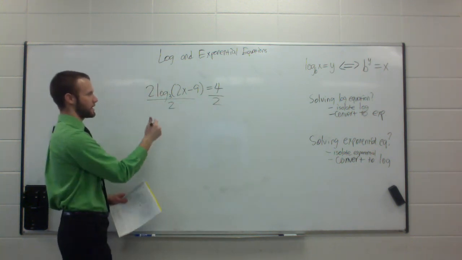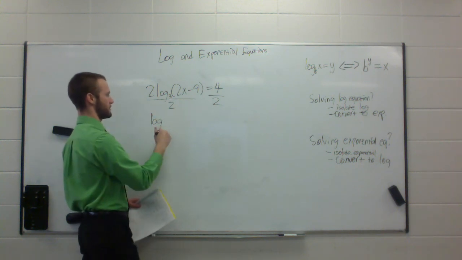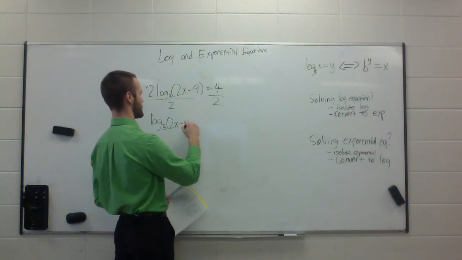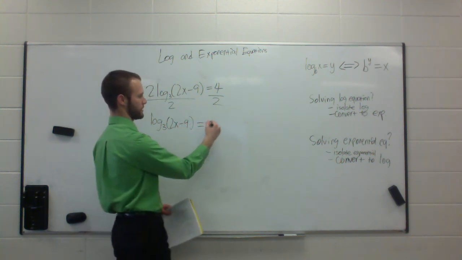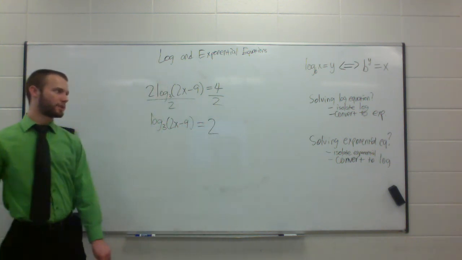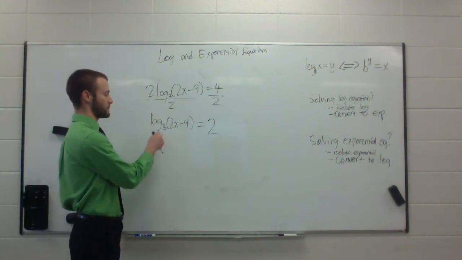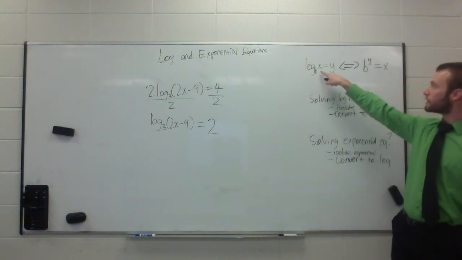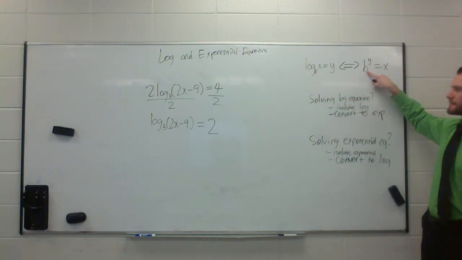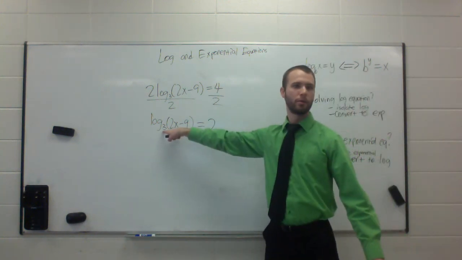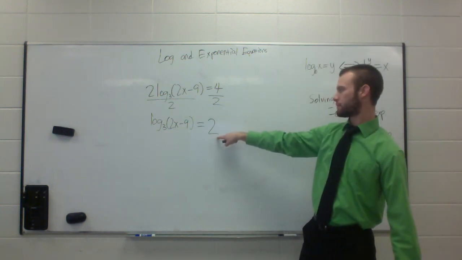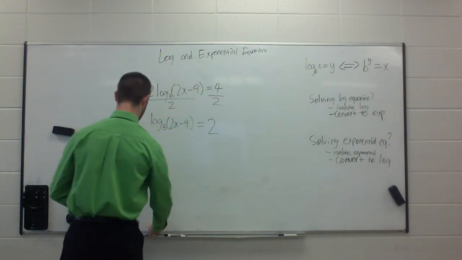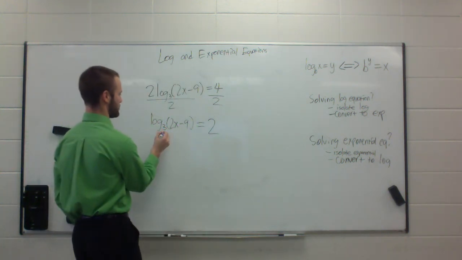When I divide the left side by 2, the 2's divide away, and I just have the log left, log base 3 of 2x minus 9, and 4 divided by 2 is 2. Then I convert it to exponential form. It's already in log form. So if log of x equals y, then the base is 3, raised to the power of what's on the other side equals the inside of the log. Sometimes arrows help you.